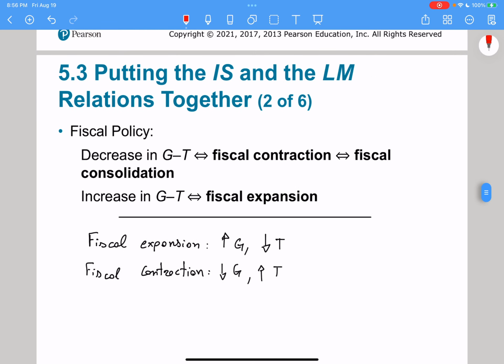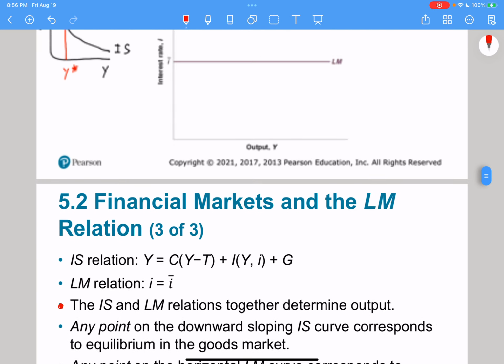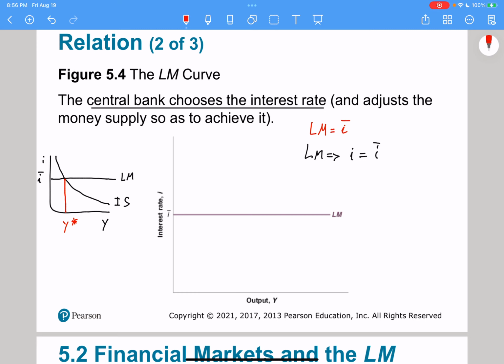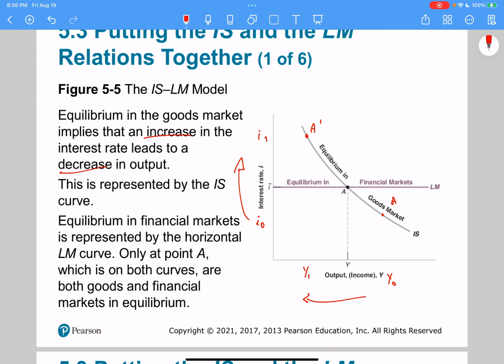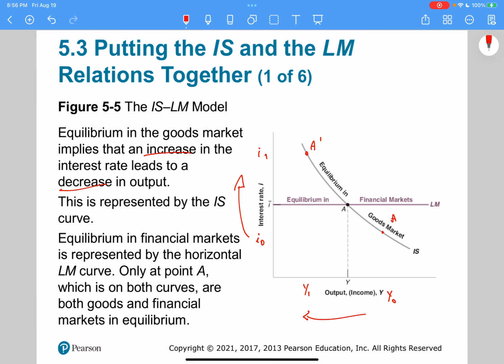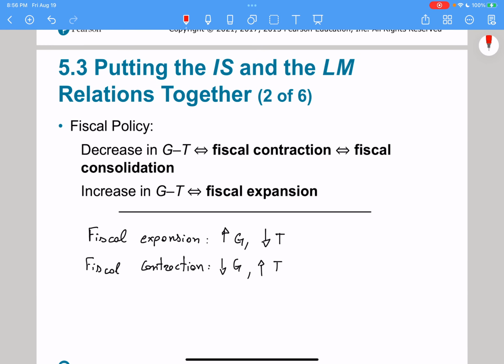Let's put them together. Well, I have anticipated to you that this is the graph that we get when we put them together, or here you have a better diagram, but we can go further. When we put them together, we can think, okay, I know that the equilibrium is represented by the intersection.